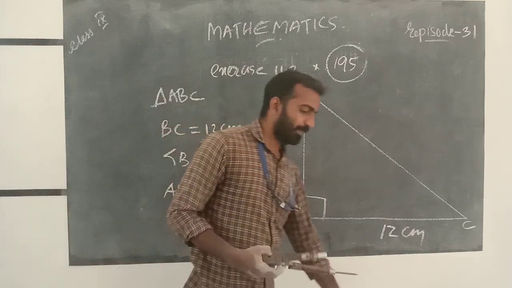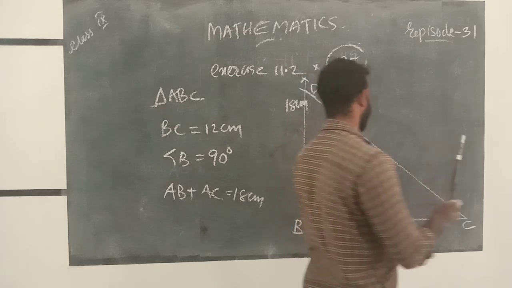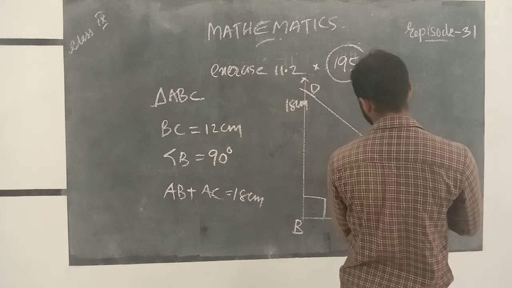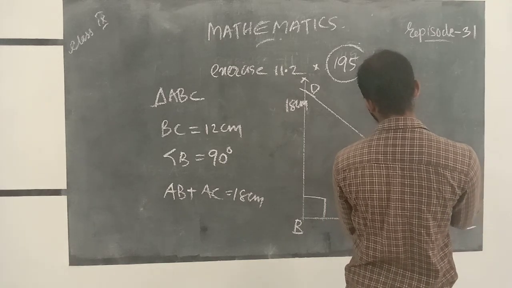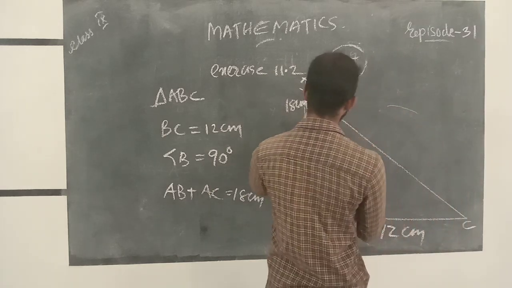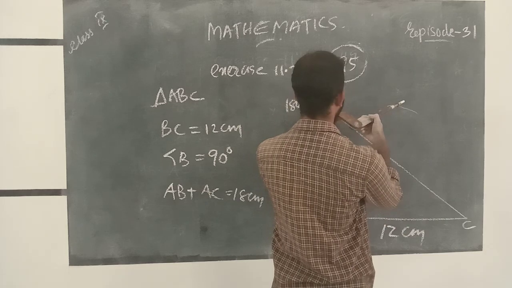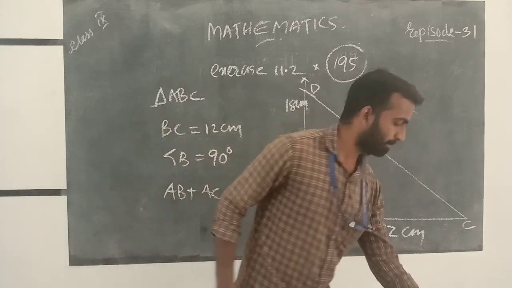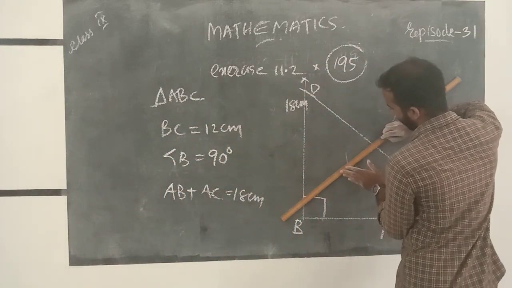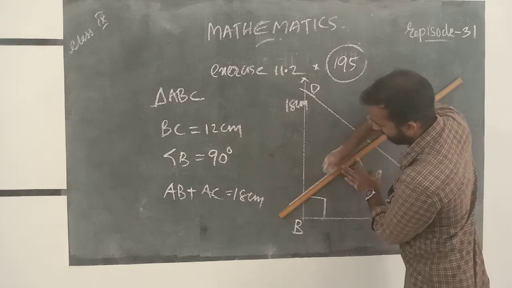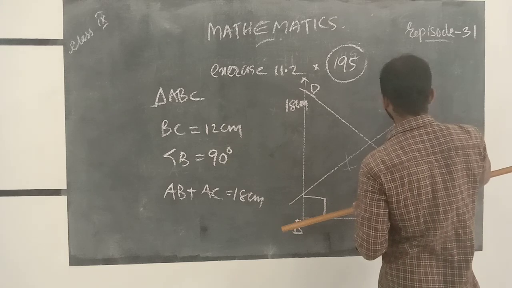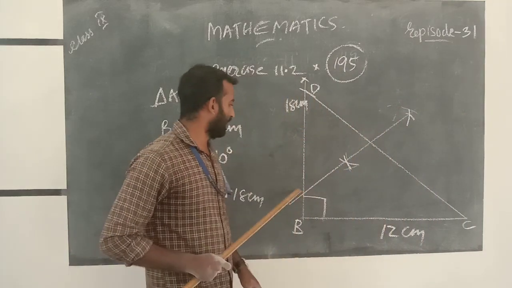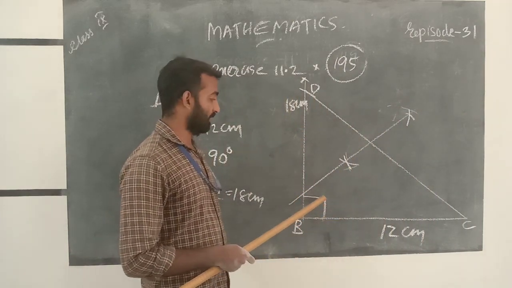That is, we take more than half of CD and we join the lines and then we get point A. This is not a correct figure, so I get like this.